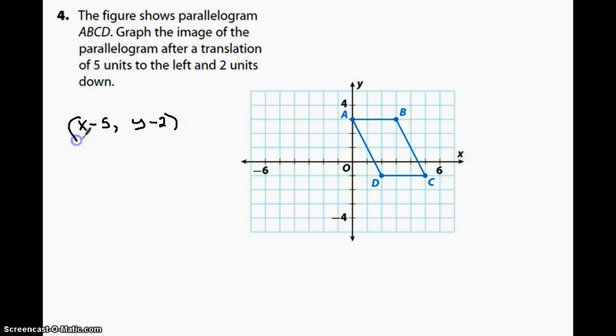So that's what you're trying to do. I'll just get you started with one, then I'll let you do it. So here, if A is (0, 3), x will be 0 and we'll subtract 5 from it, and y is 3 and we'll subtract 2 from it. That's how we get our new point, our image for A. So go ahead and stop it if you don't mind, and then come back and see how well you did.